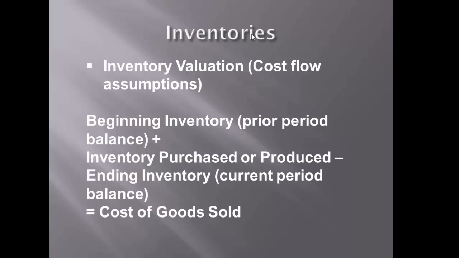Note that if inventory costs are rising, first in, first out, FIFO, yields higher ending inventory. Now the reason is that the last inventory coming in will be at a higher cost from our suppliers. So first in, first out, when inventory costs are rising, will yield higher ending inventory values.